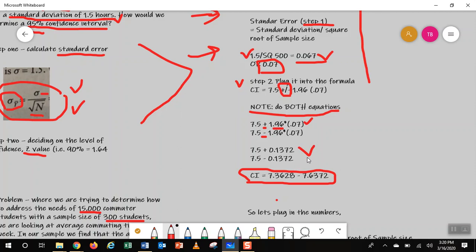Going down here, this is the simplified version. You do the parentheses first, so 7.5 plus 0.1372 and 7.5 minus 0.1372. So basically you end up getting the range from this. When you do 7.5 plus 0.1372, you end up down here at 7.6372. That's the upper range.